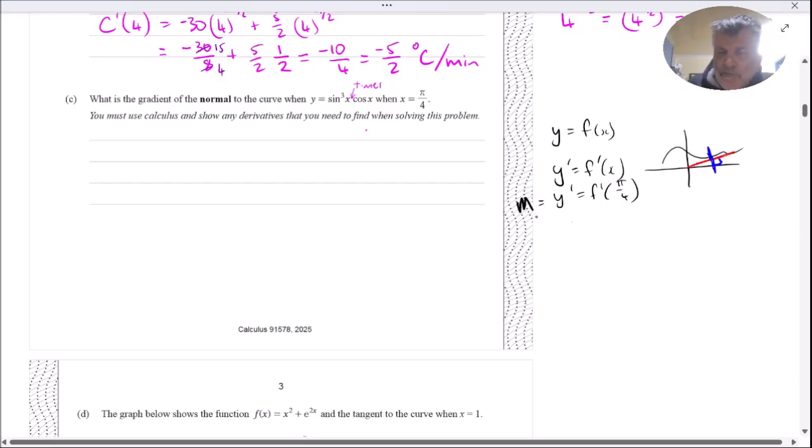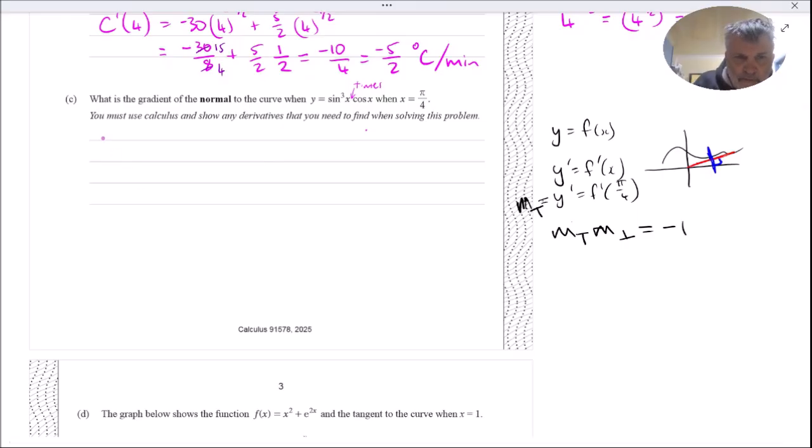Let's call it m for the gradient, which is often used, and then put a t, mt for tangent. And we're going to use the fact that the gradient of the tangent multiplied by the gradient of the perpendicular, the normal, is always equal to -1. And this is the key fact that's going to help us get a solution at the end.